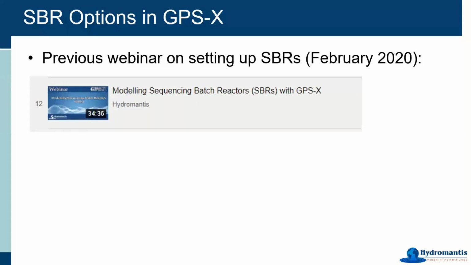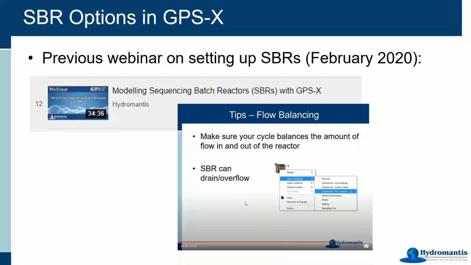So what I'm going to recommend is go to our YouTube page and look up the modeling sequencing batch reactors, the GPS-X webinar from February 2020, and watch that video. We went through it in very much some detail. I borrowed a few of those slides that I showed you here earlier. Anything you want to know about how to set it up is included here. So anything that you need to know about how to sync up the rotation of the cycles and so on will be there.